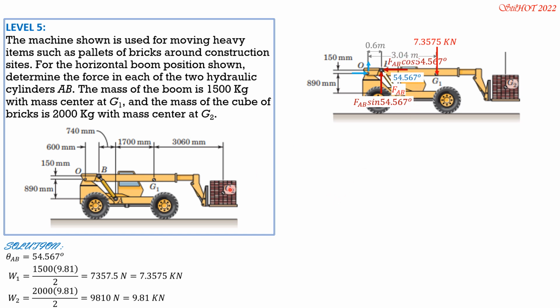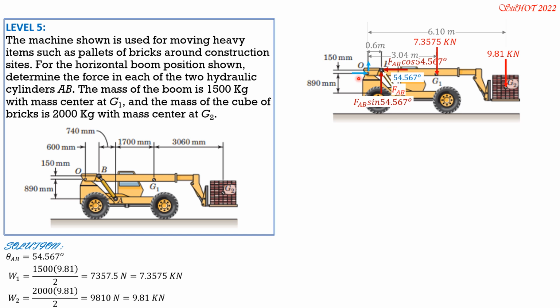Then for weight 2, 9.81 kilonewtons, the distance is we just add 3.04 by 3.06 meter. So 3.06 plus 3.04 is 6.1 meter. 9.81 is horizontally 6.1 meters from O.